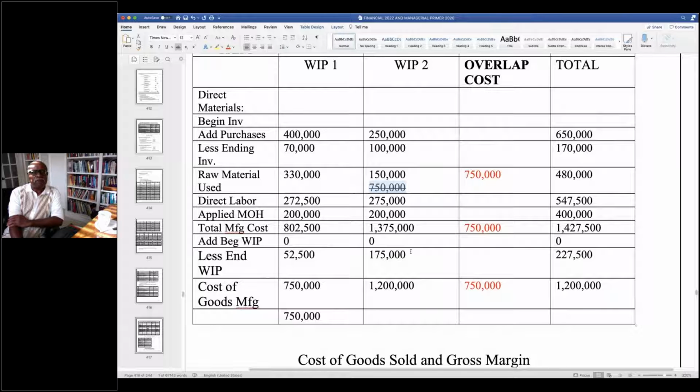How much is that? Can someone add up 150, 275, 200, and subtract out 175? How much do we get? You get 450,000. Okay. So those were the new costs, correct? And what's 450 and 750? $1,200,000. Okay.